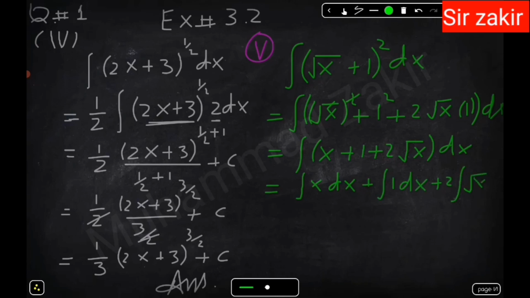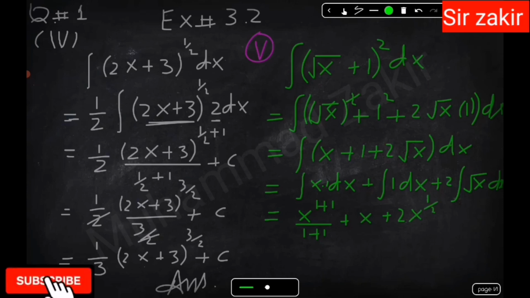Then students, it is the same situation where the function has its derivative written. X is the function, derivative is 1, which can be considered in the product. So we increase the power of the function by 1. The power of the function is 1, we add 1 to it and divide by that. Plus integration of 1 is x. Here also x is with 1 by 2 power, so the power of x is increased by 1 and we divide by that value, plus c.